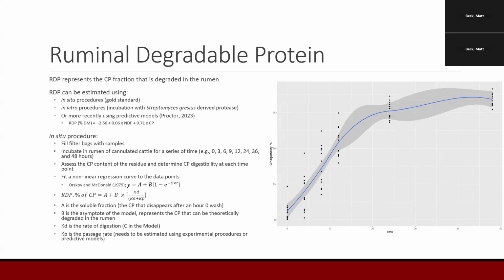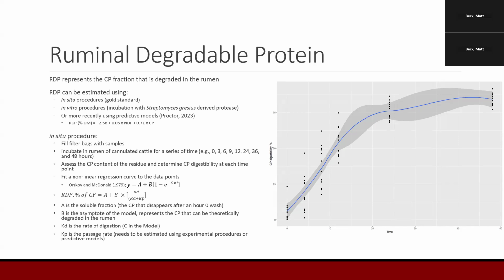So we can measure RDP in several different ways. This was taken from in situ digestions. You guys did that in feeds. You put your bags in for one time point. They took it out of the rumen. They measured how much was lost from the bag. You measured in situ dry matter digestibility in feeds and feeding, right? So if we do a similar approach, but with increasing time points, you end up with a shape like this.